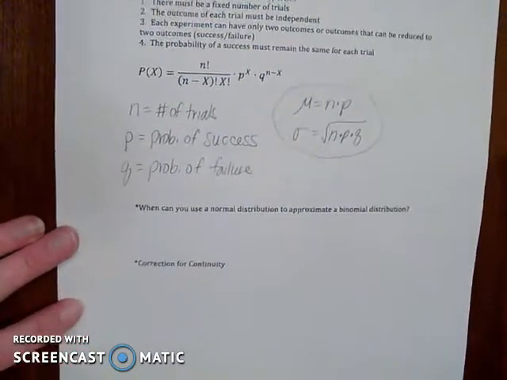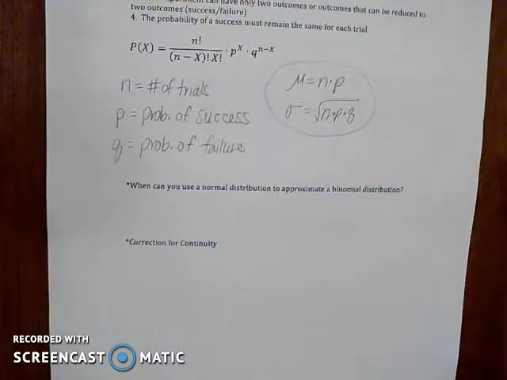Now, there's two things we have to take care of when we want to use the normal distribution. The problem with using the normal distribution is, remember, the normal distribution is a curve, and there's area underneath of it. It's a continuous thing where the whole area is 1.